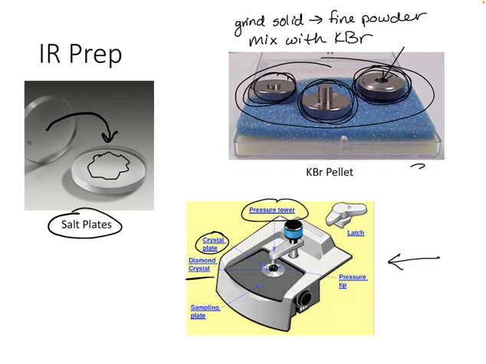And then you would place that pellet that you made into your instrument, and you would pass IR light through it and do the same thing that we would do with our other similar devices. So there are a lot of different ways that you can prep a sample for IR analysis.